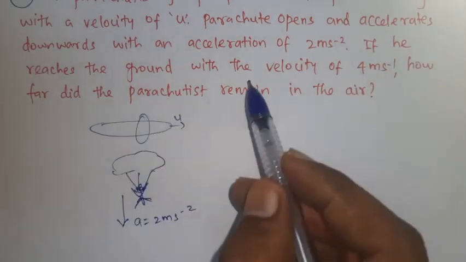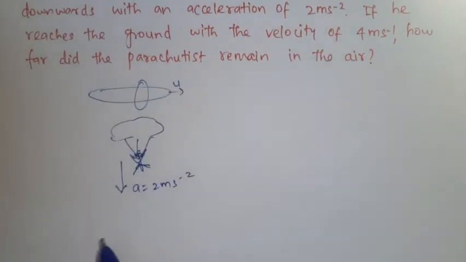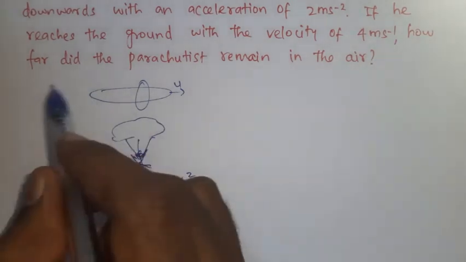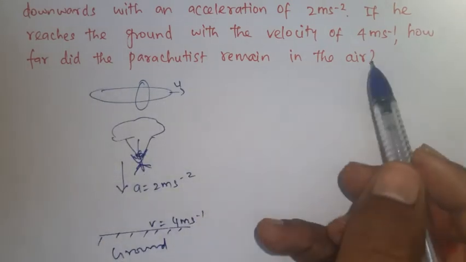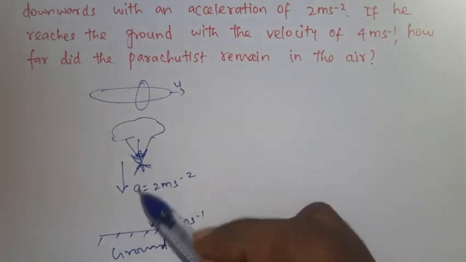If he reaches the ground with a velocity of 4 meter second power minus 1, so he reaches the ground with a velocity v is equal to 4 m s power minus 1. This is the ground. How far did the parachutist remain in the air?